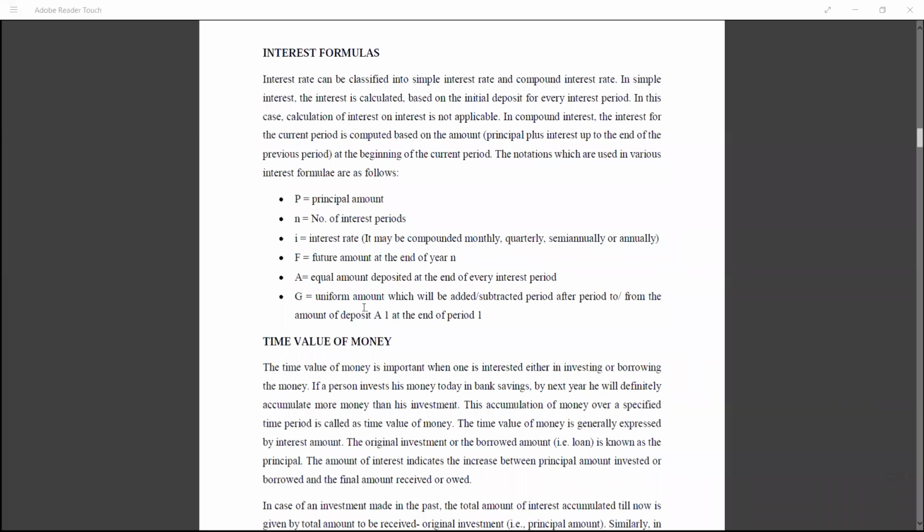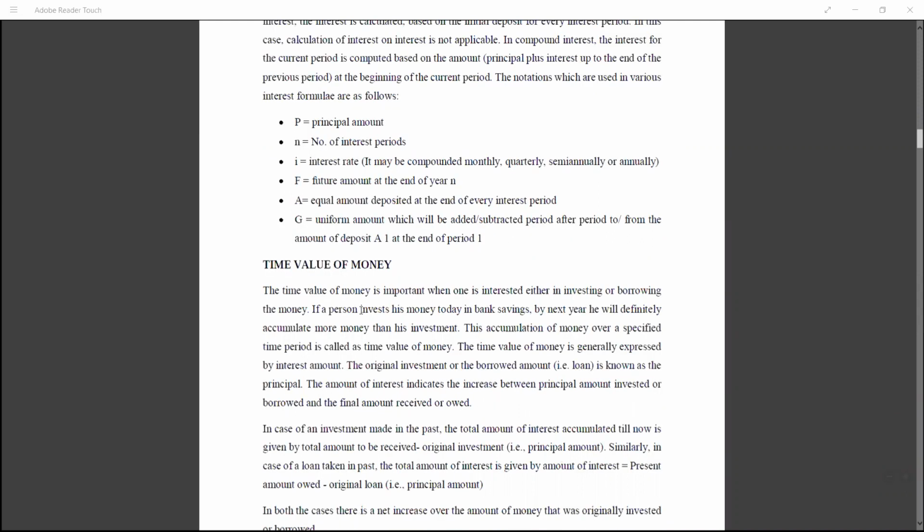So first, we will see the time value of money. The time value of money is nothing but interest on investing or borrowing money. If a person is investing in a bank, then he will acquire some interest on that. If you are saving your money for 1 year, whatever cumulative interest you are getting will be deposited.